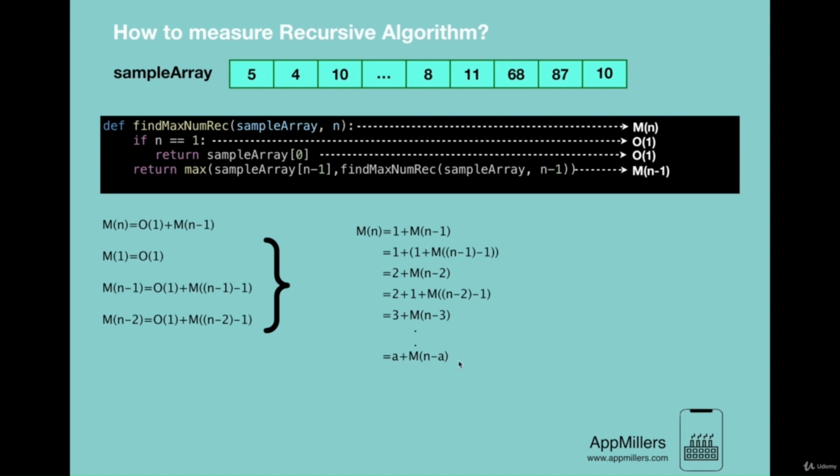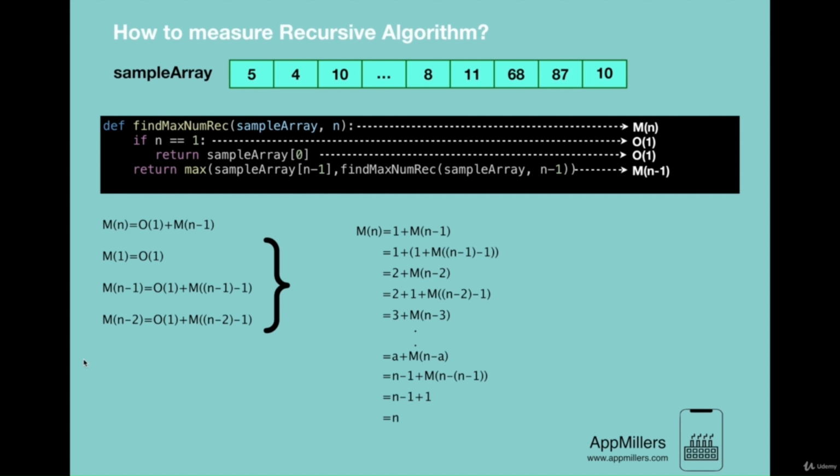To do so, we need to equalize this to M(1). How can we do this? In this case, if we put n minus 1 instead of a here, we can make this M(n-a) into M(1). So let's do so. If we do some calculations, we will get something like this. This n here means that we have time complexity of O(n).